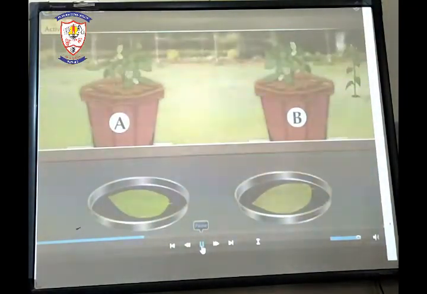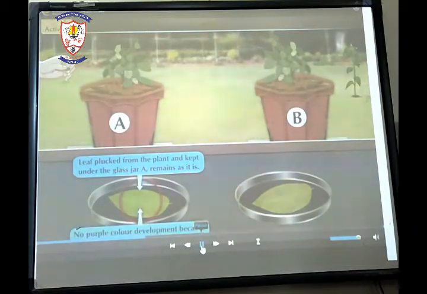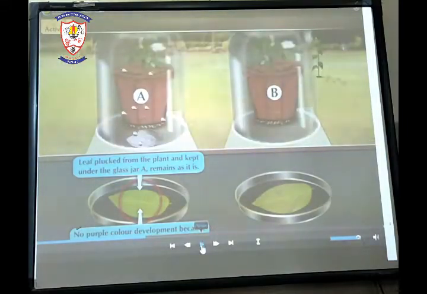See now, we observe the leaf plucked from the plant kept under the glass jar A remains as it is. Whereas in plant B, we will see a different thing, because in jar A, no purple color developed here.